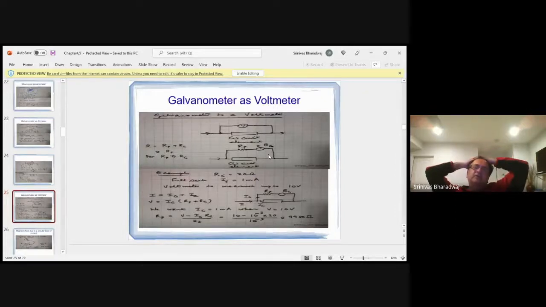You look at the deflection from a very small current, but you still want your voltage to be a very manageable 10 volts, right? So 1 milliampere times 10,000 ohms will give you 10 volts. That is how you convert a galvanometer to a voltmeter. Merely add an Rp in series, then connect the endpoints, and based on how you change the Rp, you will get a different value.